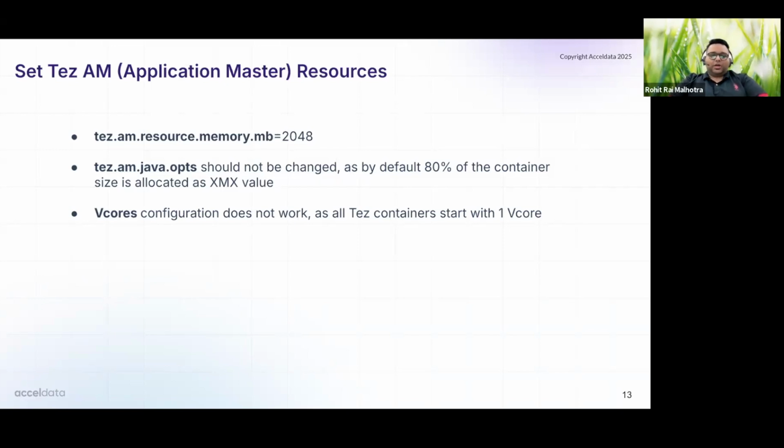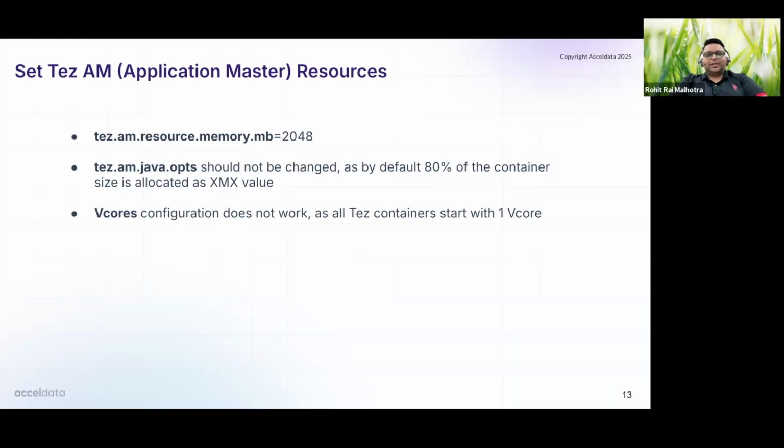And vCore configuration, as I said earlier, even for task or AM does not work in Tez because by default, each container will start with one vCore always. If you want to manipulate the vCores, you would have to do it using the container size.